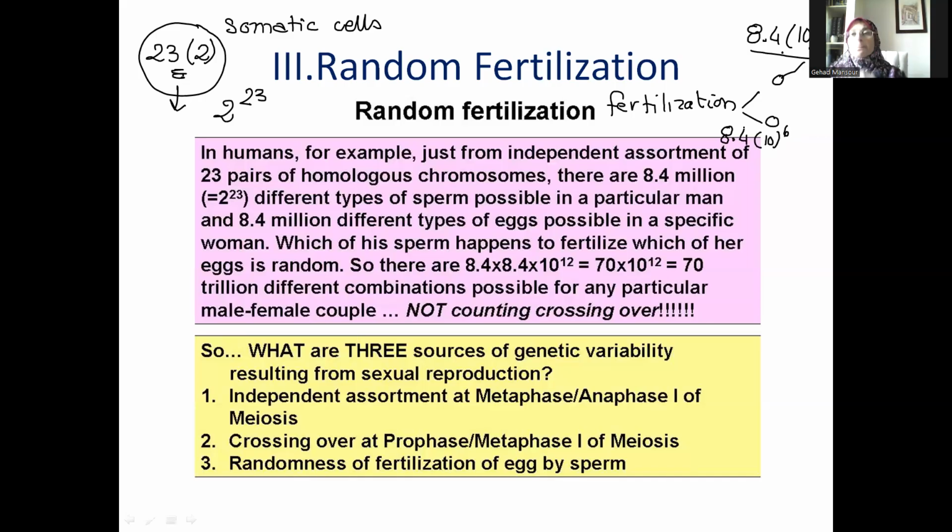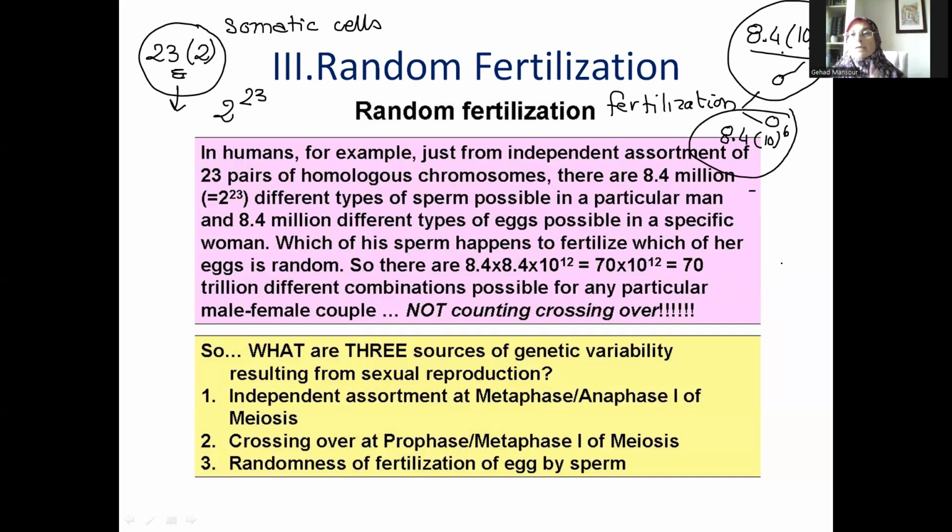Then the overall probability of the genetic makeups of the zygotes that are made from fertilization of one of these sperms with one of these eggs is the probabilities of the sperm multiplied by the probabilities of the egg.